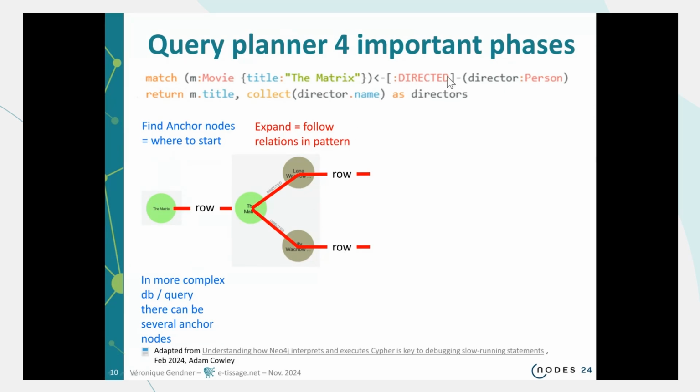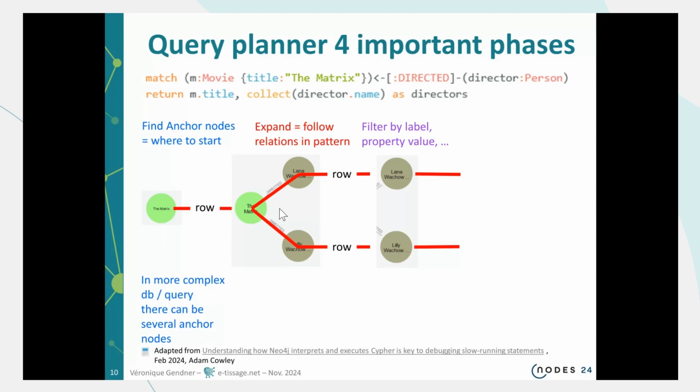So in this case, it follows directed relationships, which results in 2 rows, 1 for each director related to the movie. Then the third phase is filtering rows, typically to abandon rows that don't match a label or a property that is specified in the query.